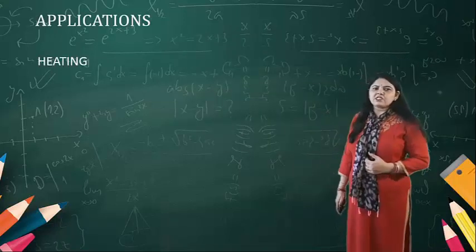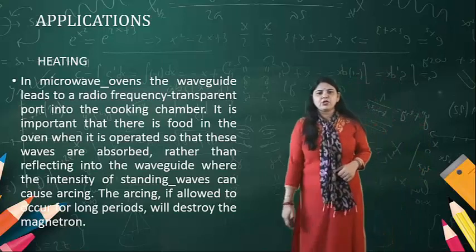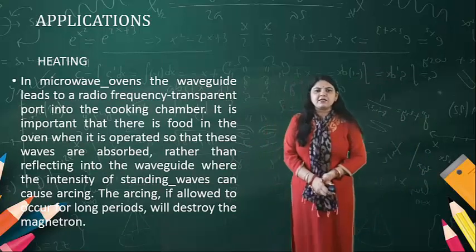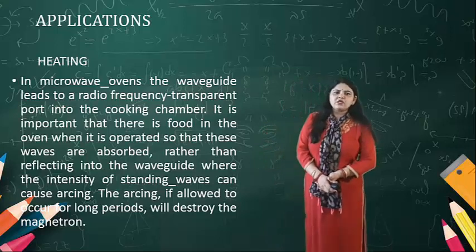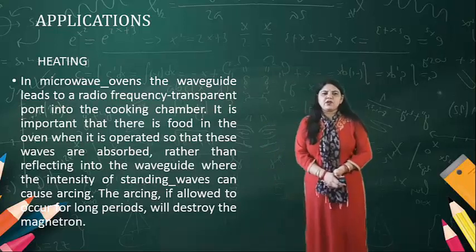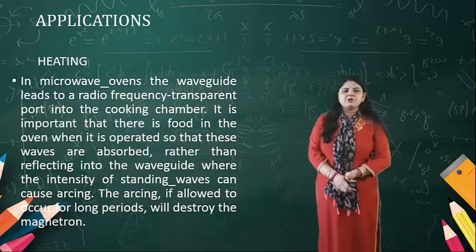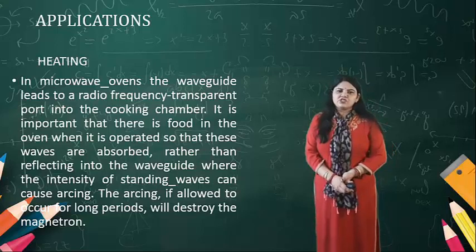The other application that we are using is in the microwave ovens, that is the heating application. In the microwave ovens, the waveguide leads to a radio frequency transparent port into the cooking chamber.